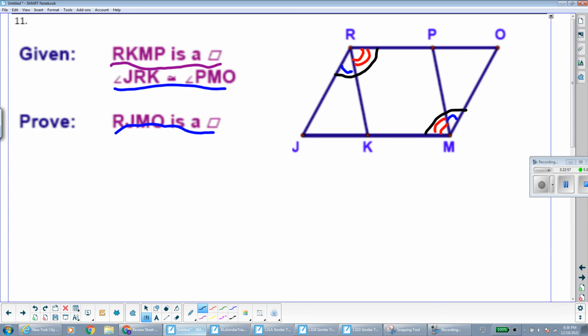I already have these two blue angles in each of the triangles. So already we have a congruent pair of angles that was from our givens. I also know that in a parallelogram, not only are opposite angles congruent, but opposite sides are congruent as well. Since RKMP is already a parallelogram, they gave that to us in the question, we know that its opposite sides, RK and PM, are also congruent.